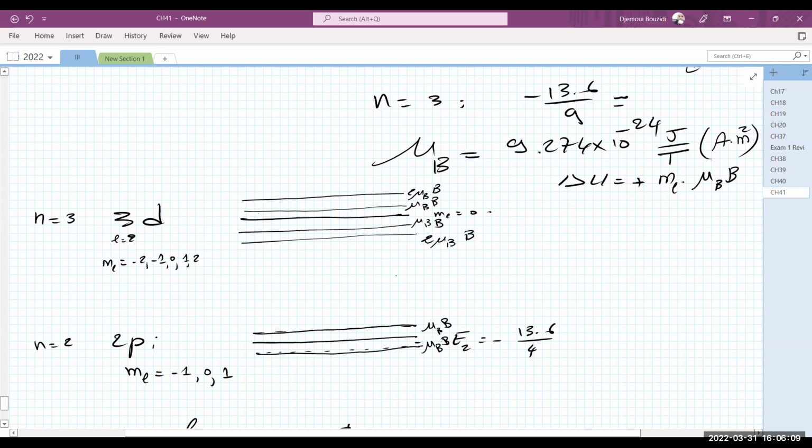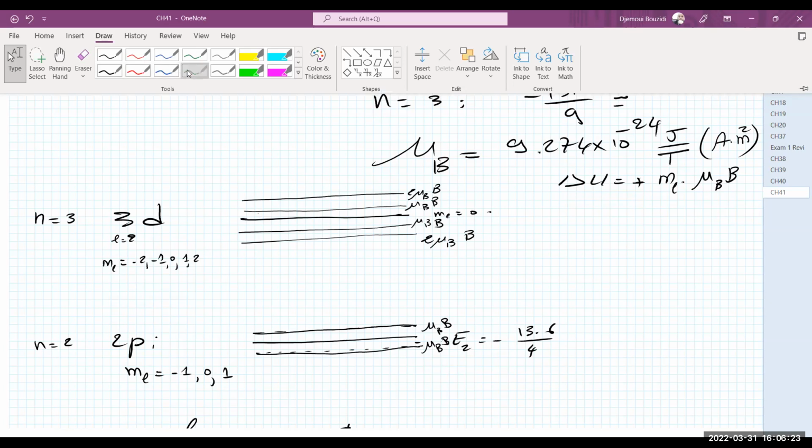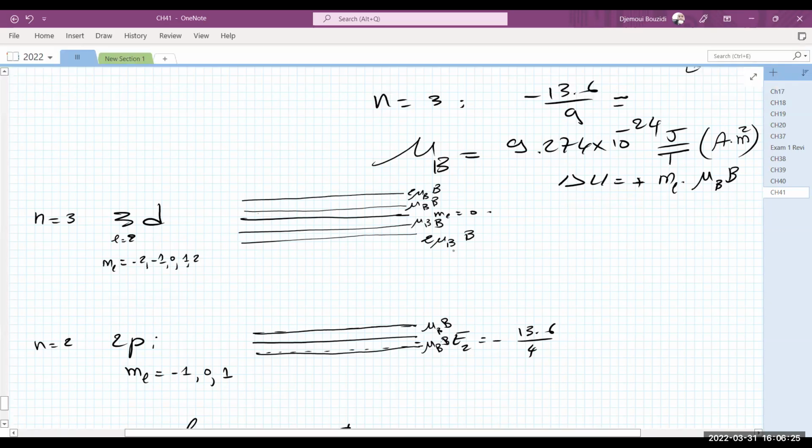So for this transition, I have potentially many transitions possible. I'm going to write down the allowed transitions, and I will tell you why they are the allowed transitions. From the upper level, let's say this is -2, this is -1, this is ML equals 0, this is ML equals 1, and this is ML equals 2.